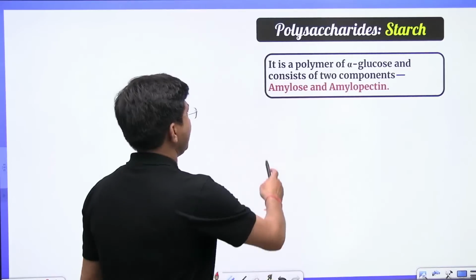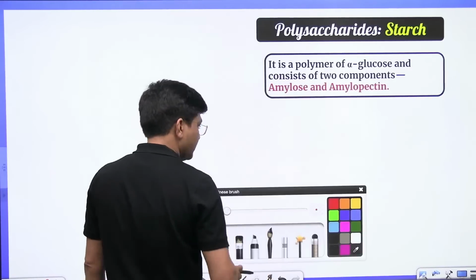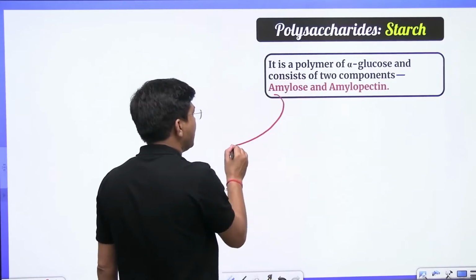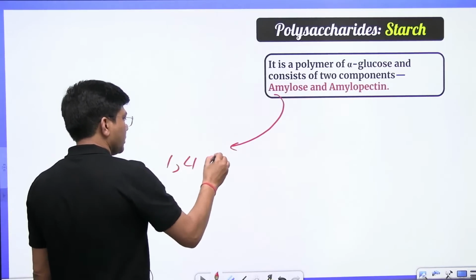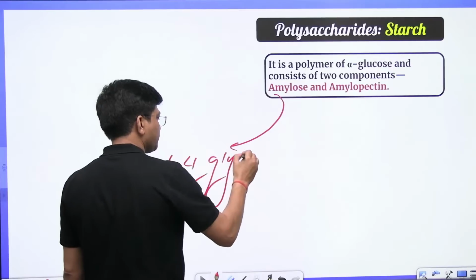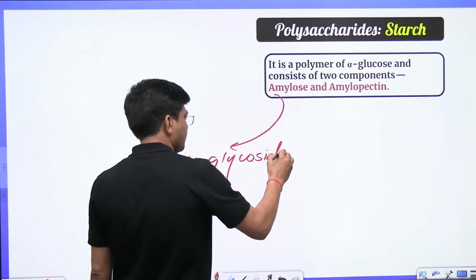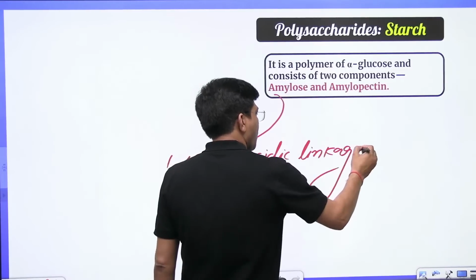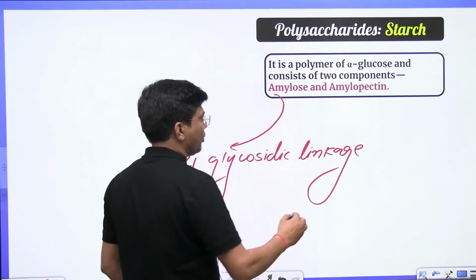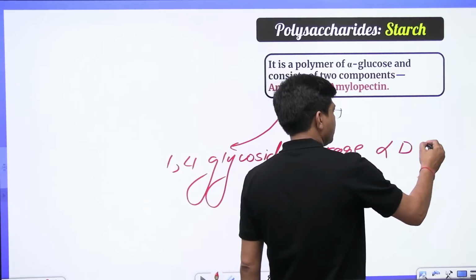Amylose is made up of 1,4-glycosidic linkage of alpha D glucose.